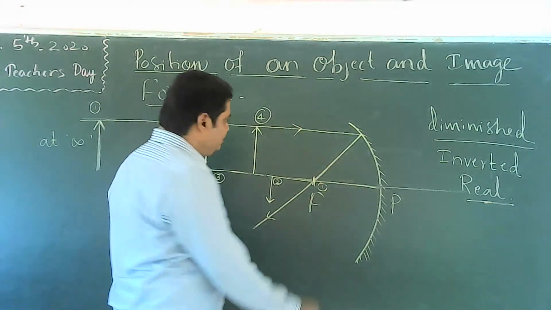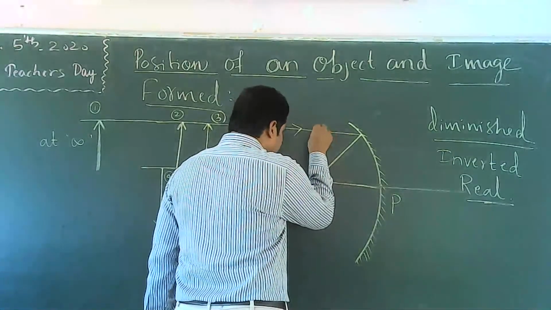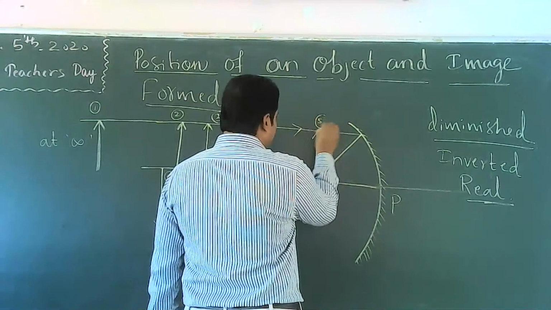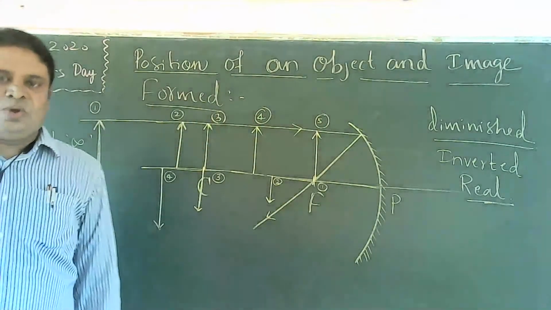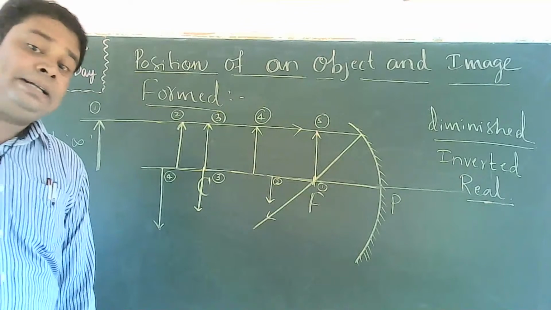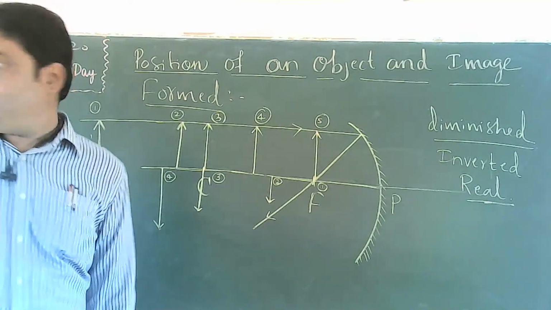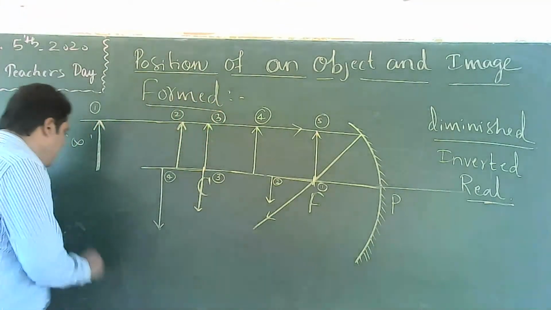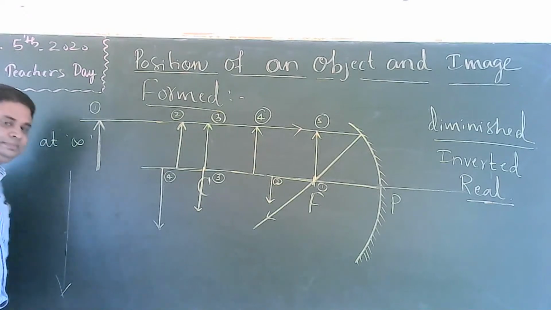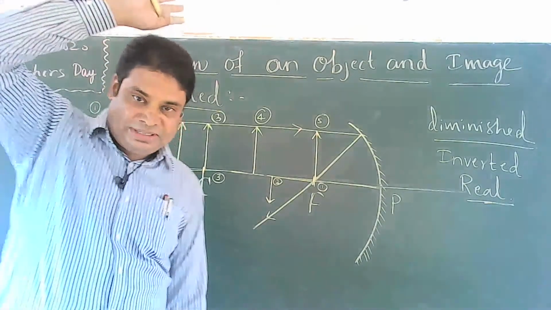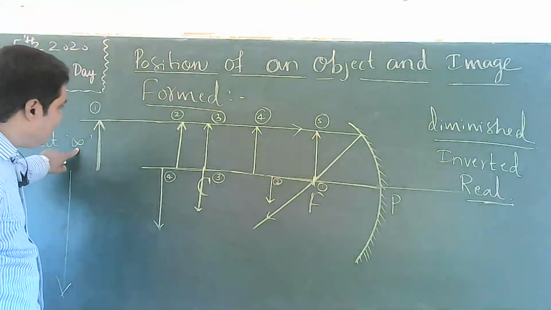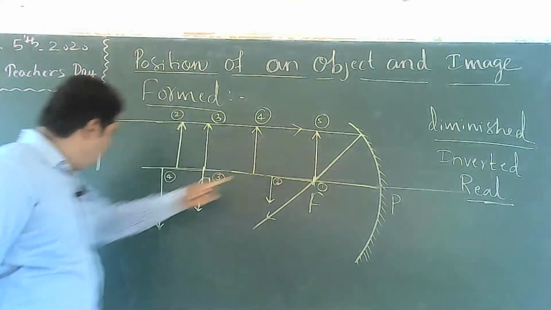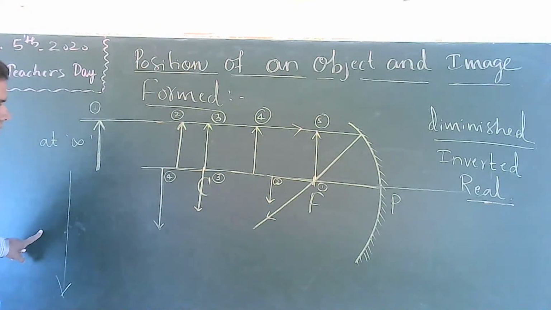Let me take the fifth position also. When the object is placed exactly at F, your image will be at infinity. The image goes to infinity. When placed at F, it goes to infinity.